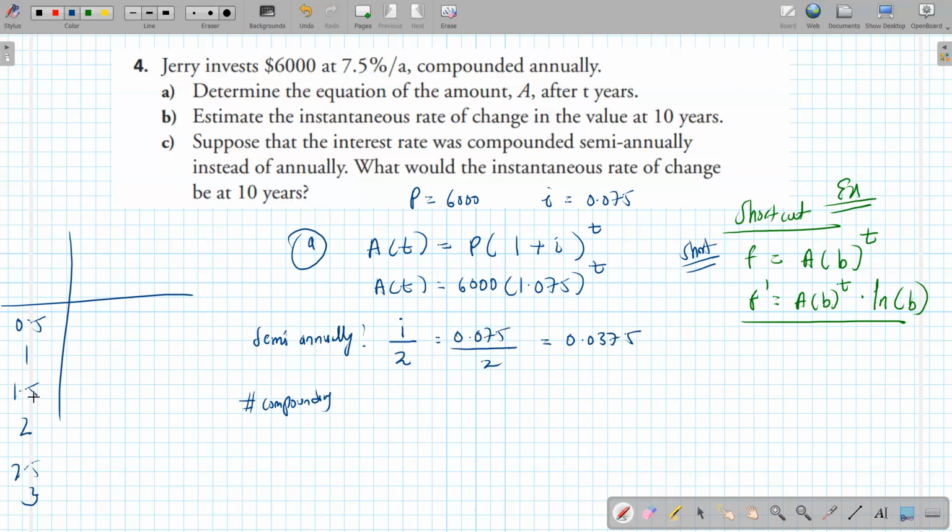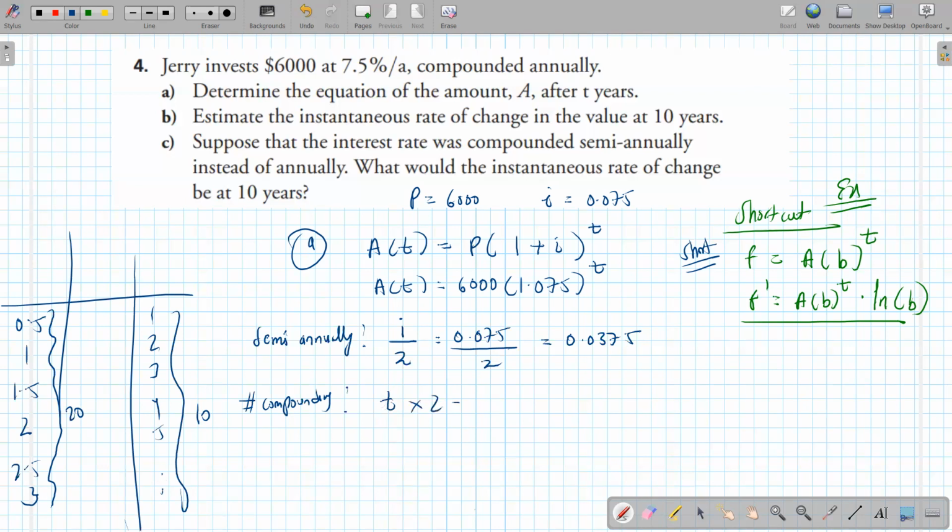So did the compounding periods increase or did it decrease? Last time we had 1, 2, 3, 4, 5, 6, all the way to 10. We had 10 of them. How many of them do we have now if we're going by 0.5? 20 of them. It doubled, right? It increased. So number of compounding periods, which is this t value, that thing doubles.